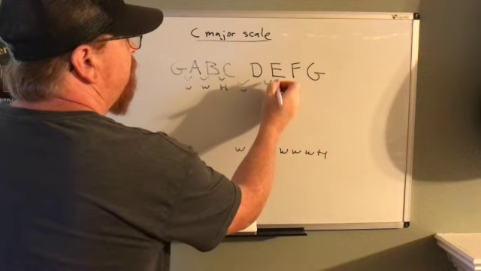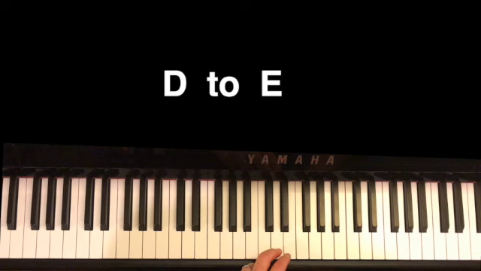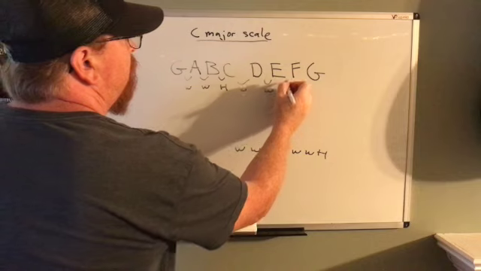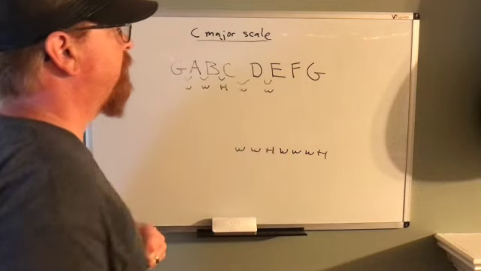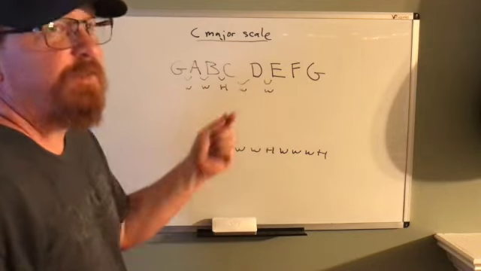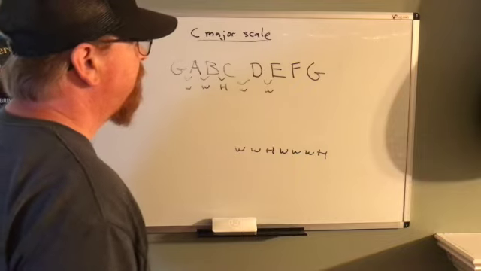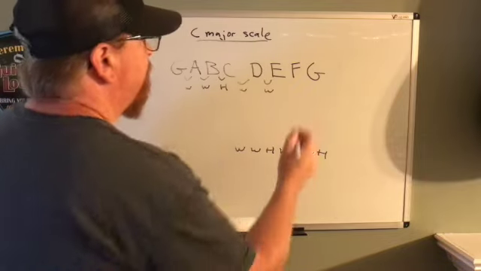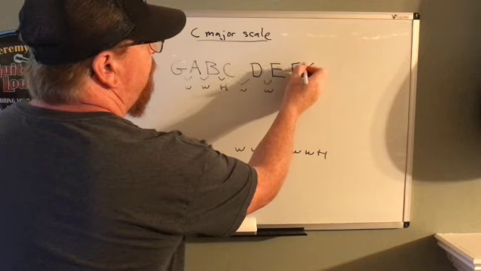C to D, D to E, whole. E to F. That is supposed to be a whole, but it's not. So we're going to have to raise that and make it F sharp.